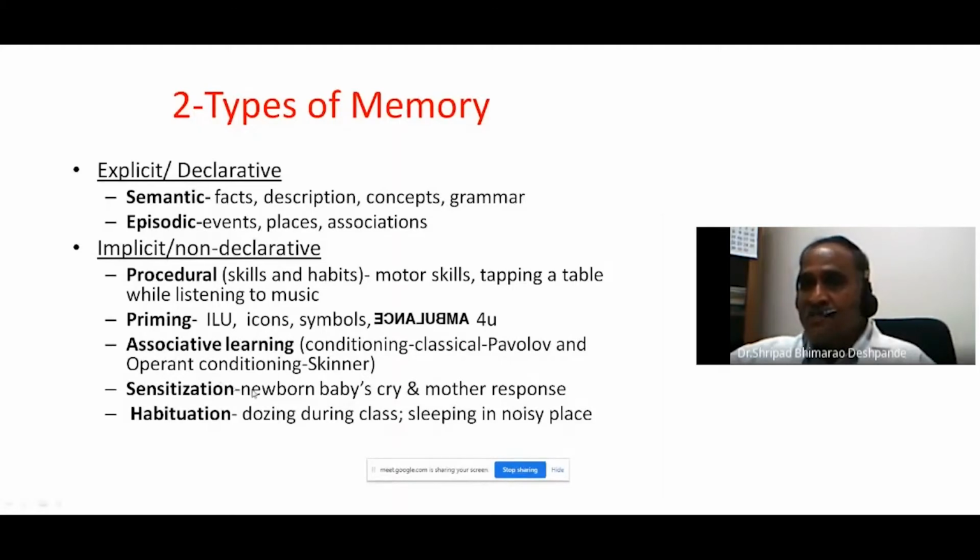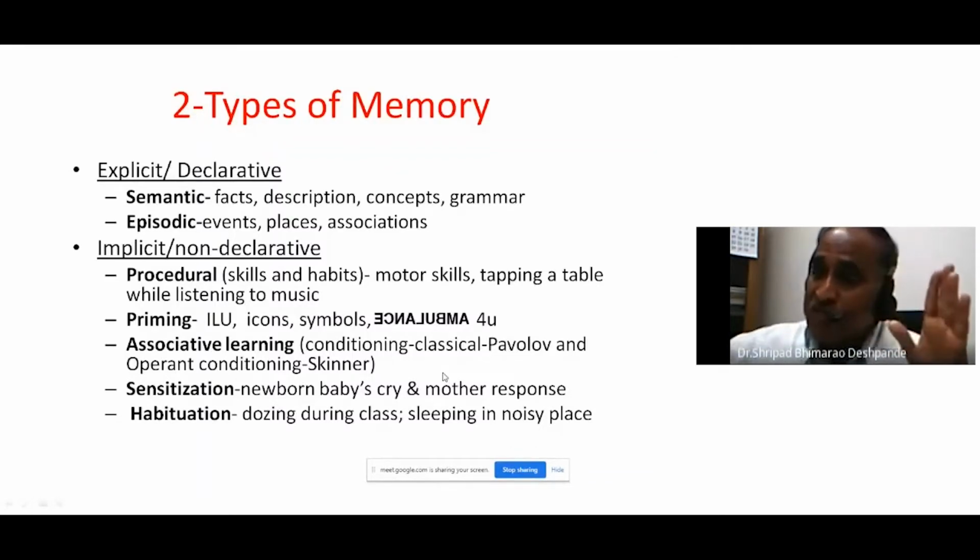Sensitization is a term used in implicit memory, where a person becomes sensitized to something. Suppose I am sleeping in a strange place. There is a clock producing a tick-tock sound, and that sound becomes louder and louder as I try to speak further.